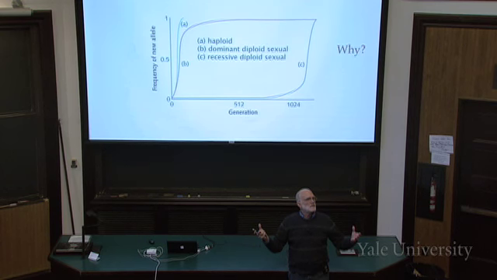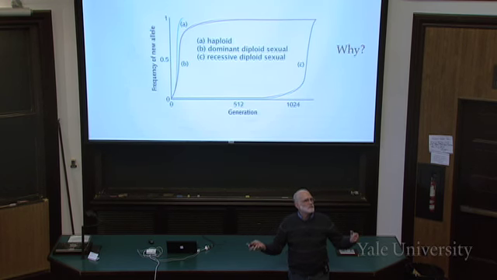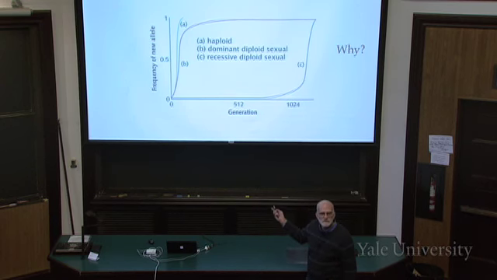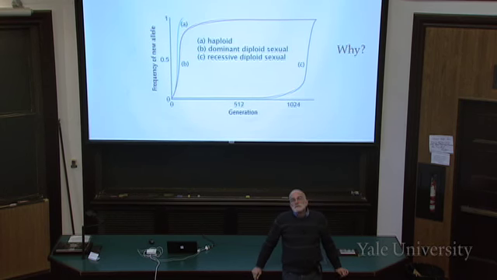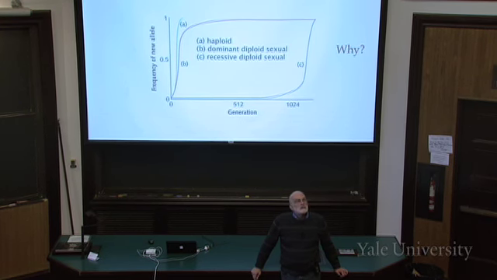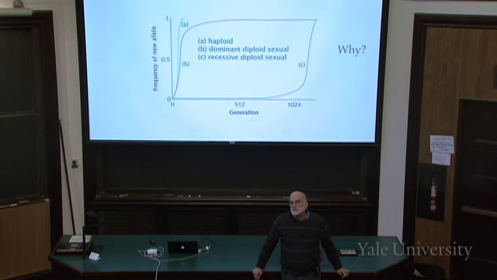What proportion of the population is in heterozygous form as you get near the end? If you're a dominant diploid sexual and you're at a frequency of 0.9, 81% of you are going to be dominant homozygotes, 18% of you are going to be heterozygotes, and 1% of you are going to be recessive.